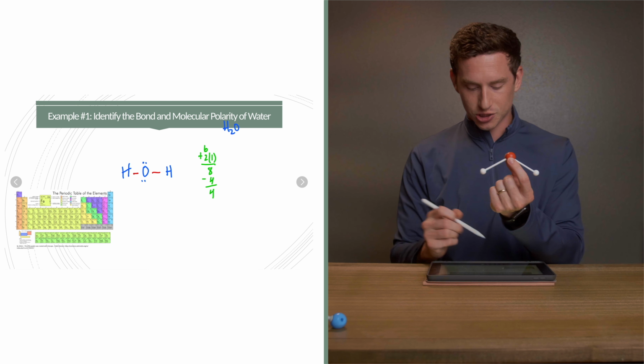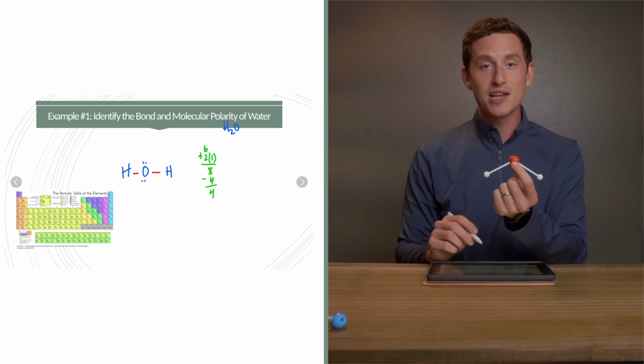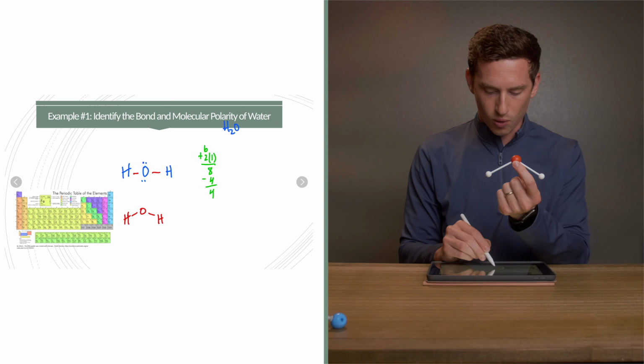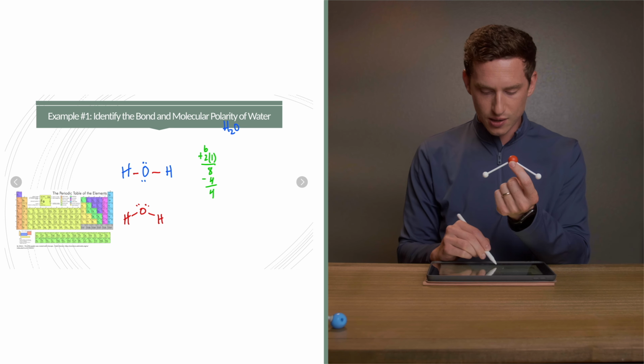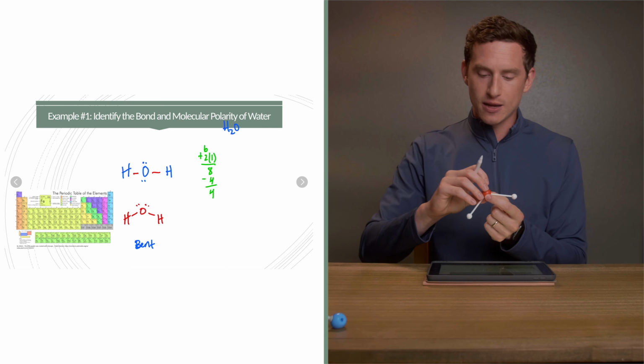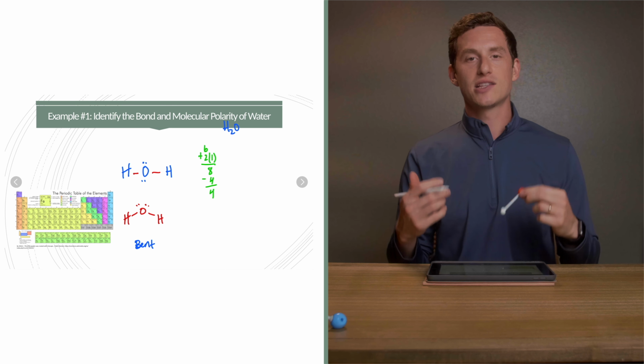So water actually achieves this shape, which is bent. I would encourage you to redraw the Lewis structure of water like so, knowing that it is bent. The geometry is bent. Okay, so with that in mind, let's look at polarity.